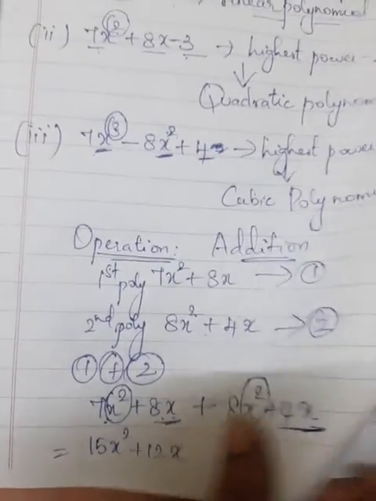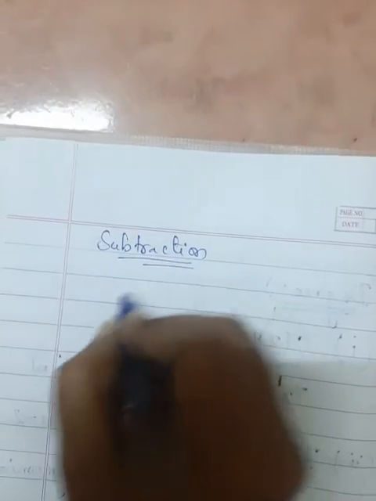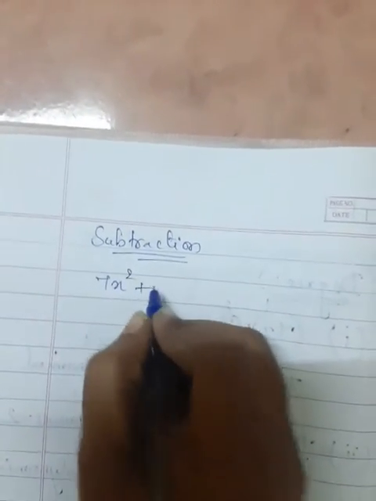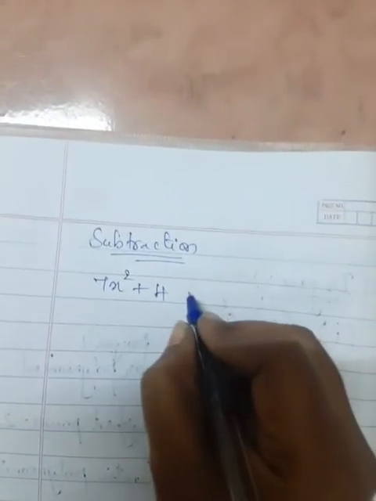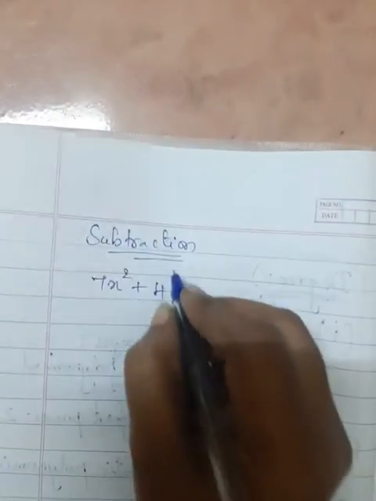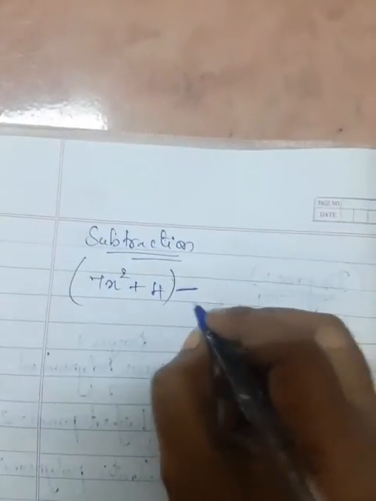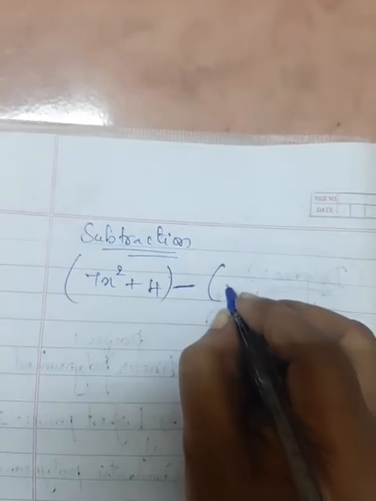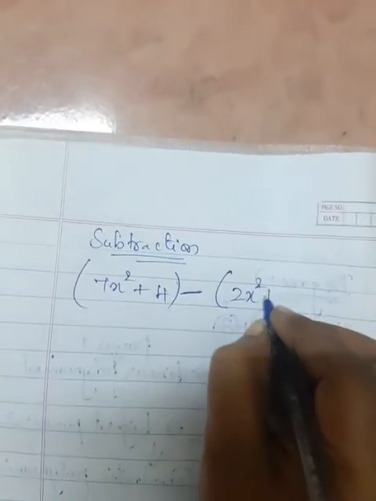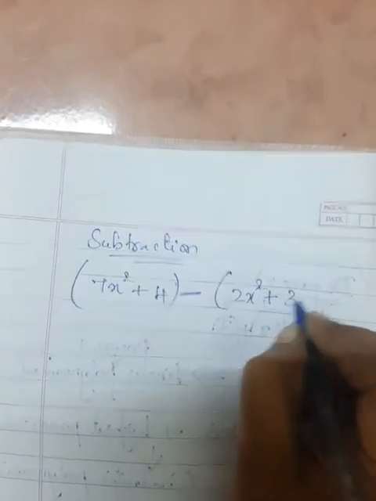Even for subtraction you have to subtract the like terms along with the like terms. See here, for subtraction, if I have 7x square plus 4, minus of, okay, this is the first polynomial, minus of the second polynomial, which would be 2x square plus 3.